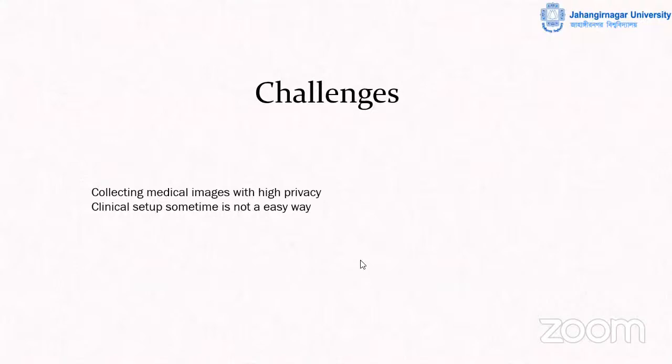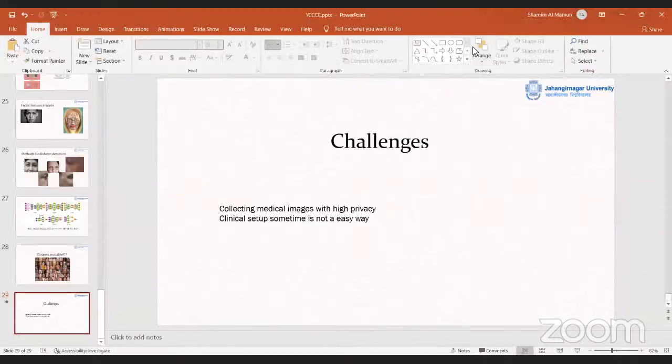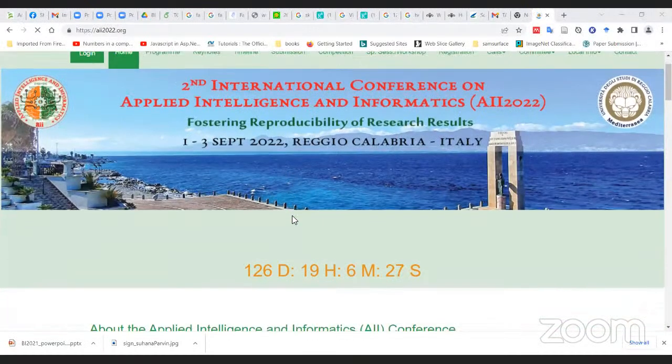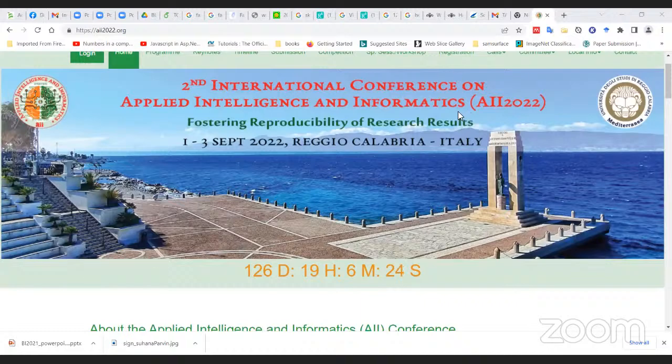I would like to share one piece of news: in our lab, we are organizing a conference in Italy, and we are calling for papers. Our AII lab already held the Applied Intelligence and Informatics conference last year.